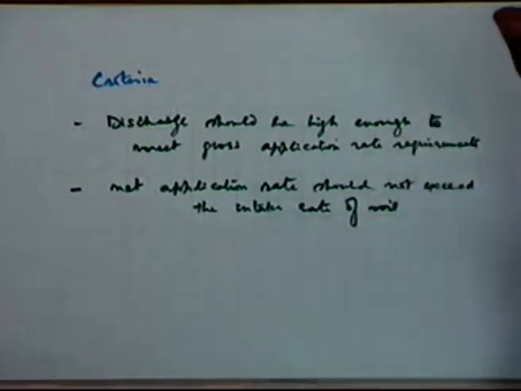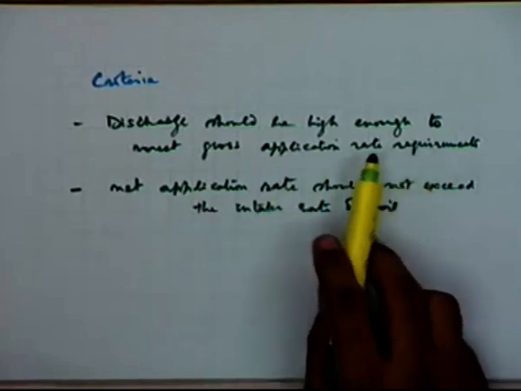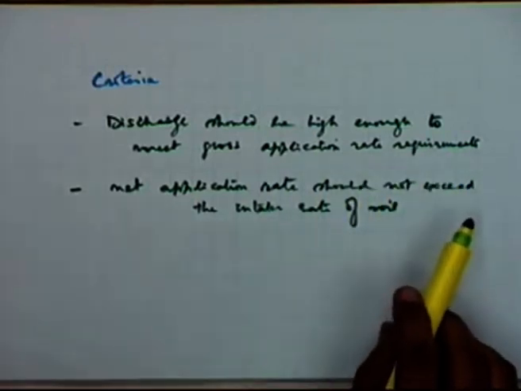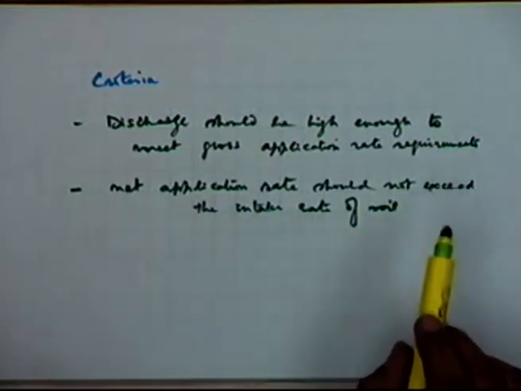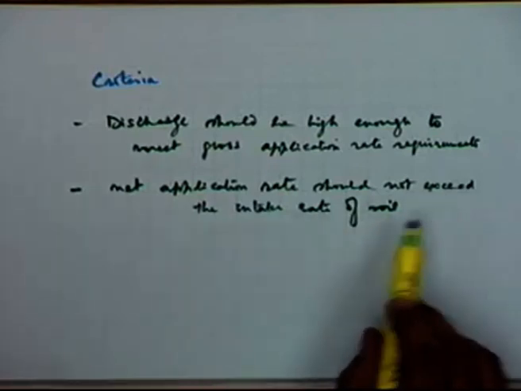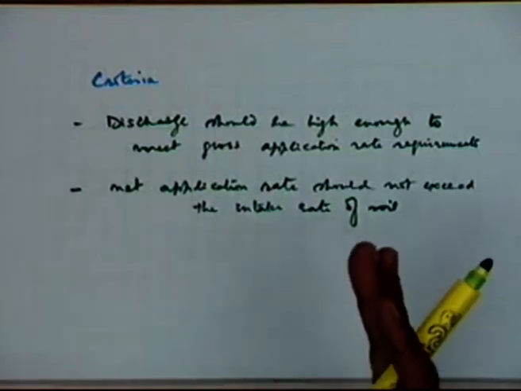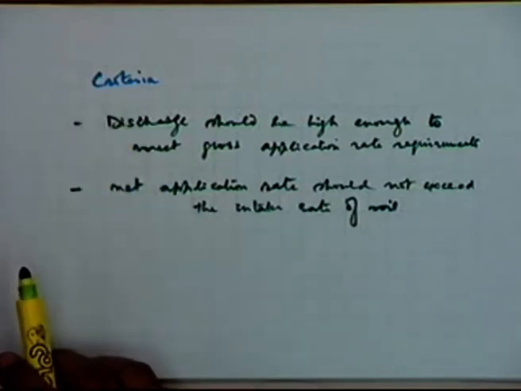That means you have a constraint on both sides. On one side you are saying that the gross rate must be sufficient to take care of the application. On the other side, it shouldn't be so high that the net application rate produces surface runoff. So you have a close range to play within, and that is where the nozzle selection becomes a very important aspect.